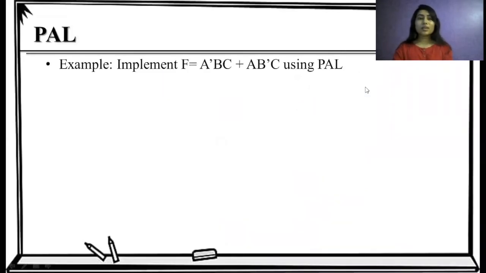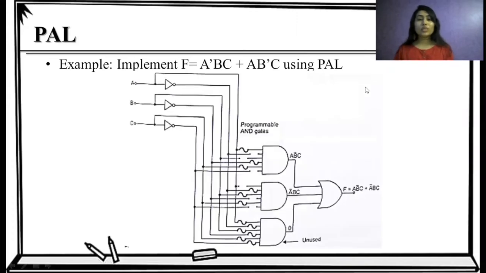Here is one example: implement the function f equals a dash b c plus a b dash c using PAL. Here we have a, a dash, b, b dash, c, c dash. In the first AND gate, we connect a, then b dash, and then c.